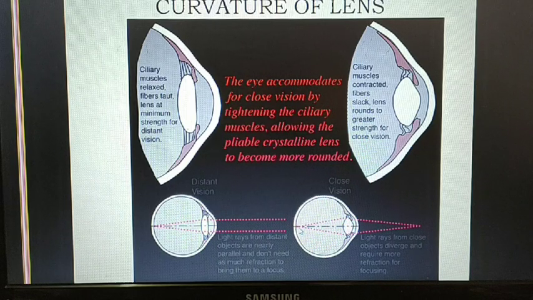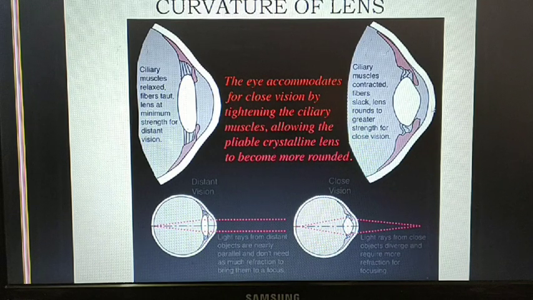Eye accommodation is due to contraction of the ciliary muscles and relaxation of the suspensory ligament. Due to this, the lens becomes more convex.